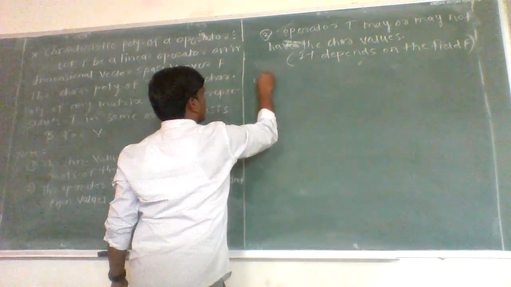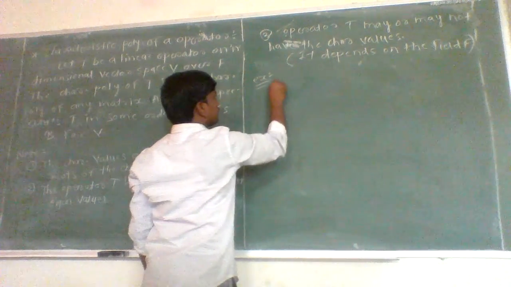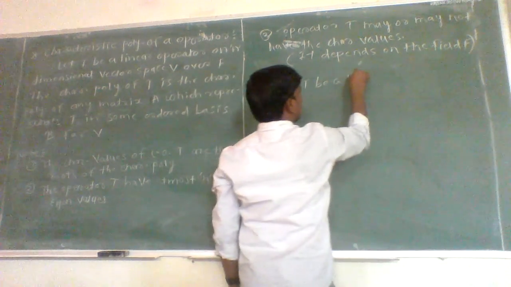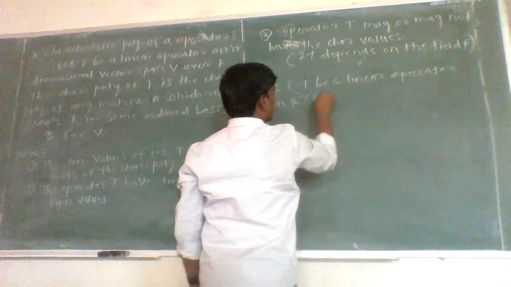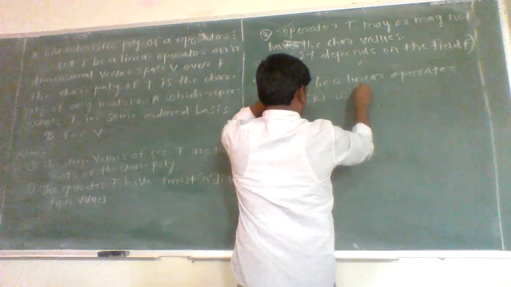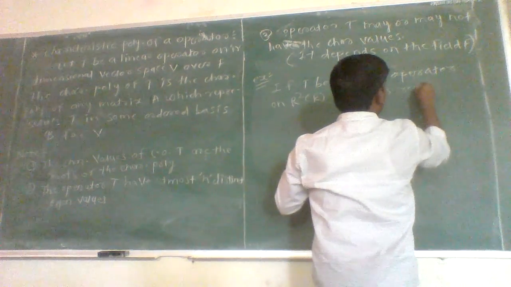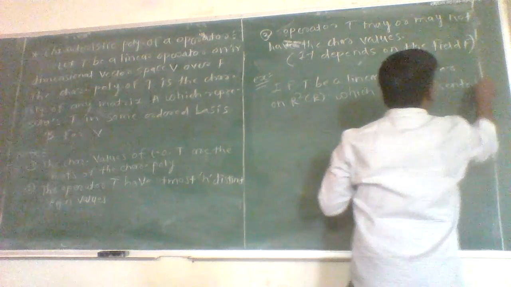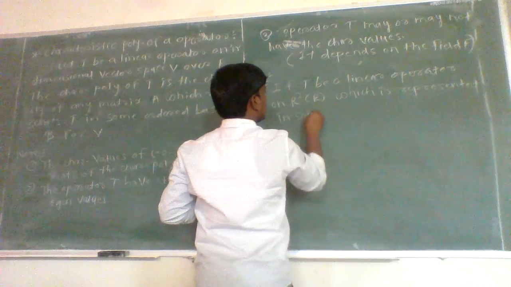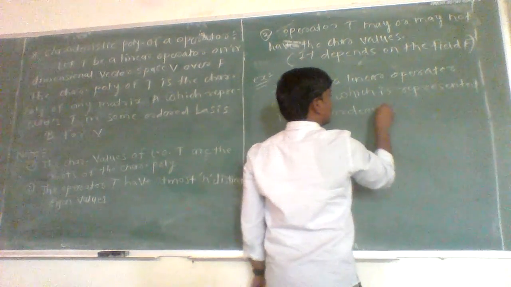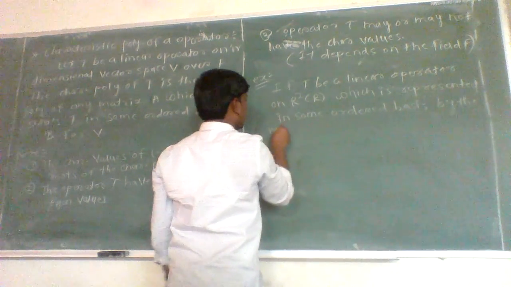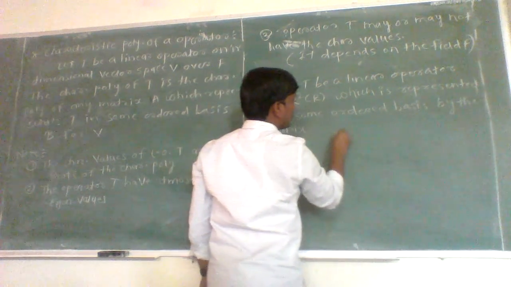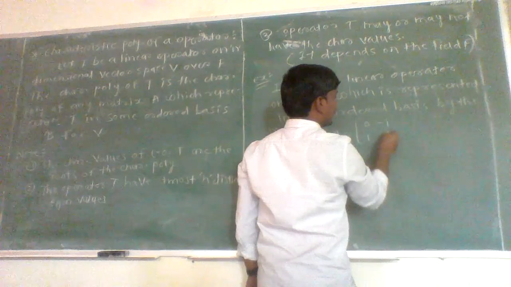Let's take one example. Let T be a linear operator on the vector space R2 over R, which is represented in some ordered basis by the matrix A equal to [0, -1; 1, 0].